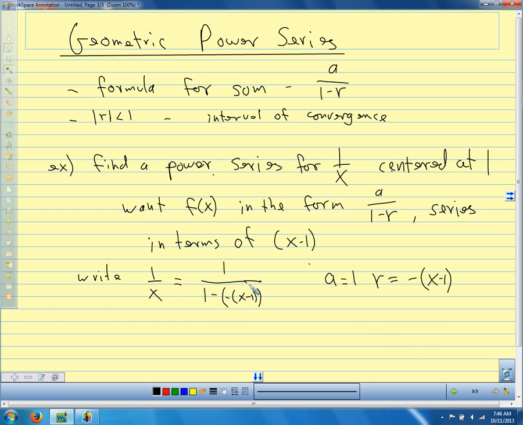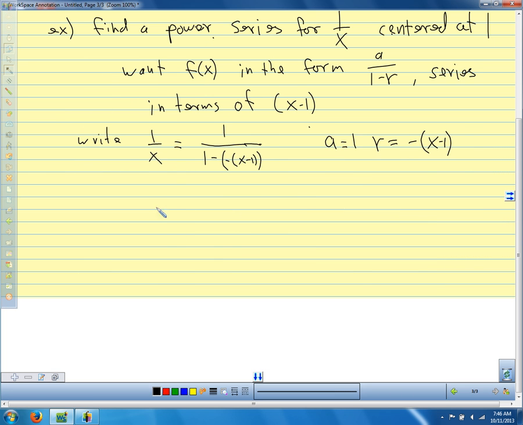So this is our formula for the sum of the geometric series where a equals 1 and r equals negative x minus 1. So I can say 1 over x equals the sum from n equals 0 to infinity. A is just 1, so I have 1 times negative x minus 1 to the n.